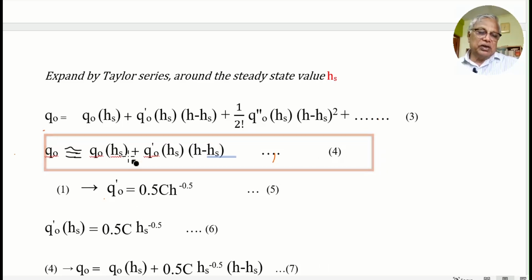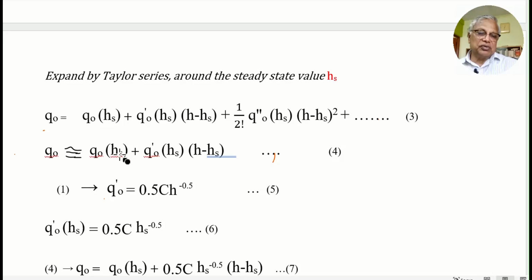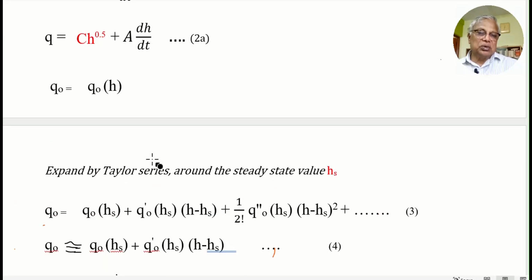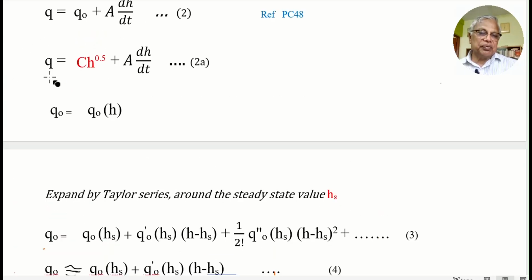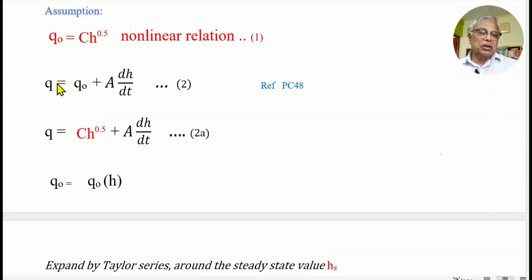Now let us evaluate these values in this linear form. First the first derivative, Q naught prime, Q naught being c into h power 0.5. What is the first derivative of this? 0.5 into c h power minus 0.5, is it not?